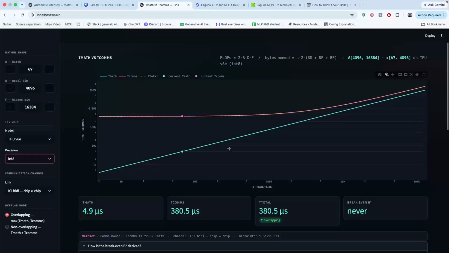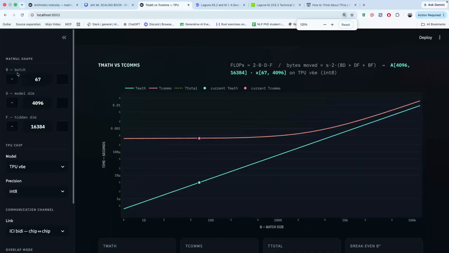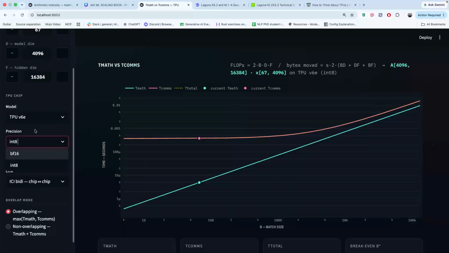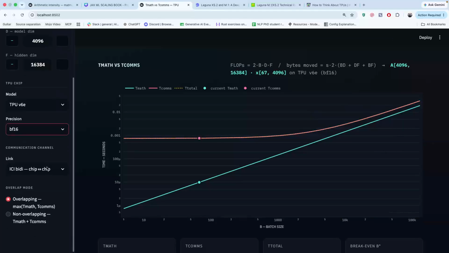Now let's look at another type of visualization to make this more clear. Suppose I have the same visualization, like we have B, D, F, different TPU chips, and precisions, and let's skip BF16 for now. Here, this one is more important.